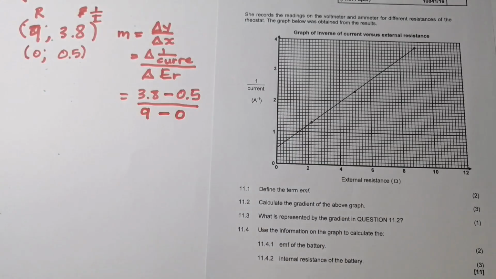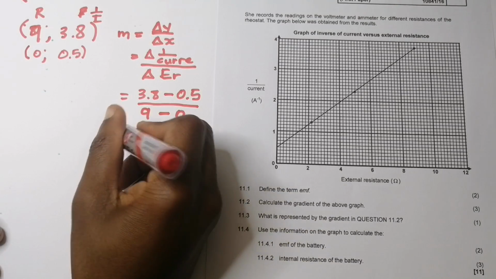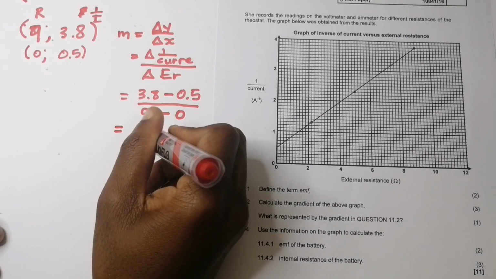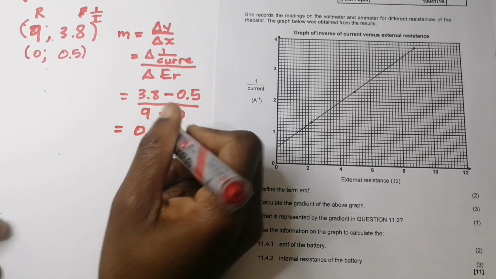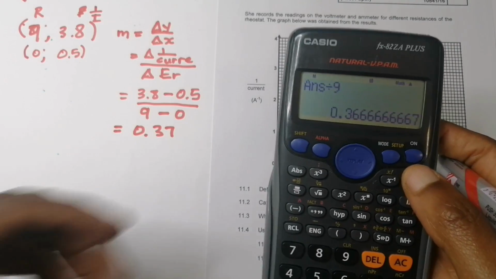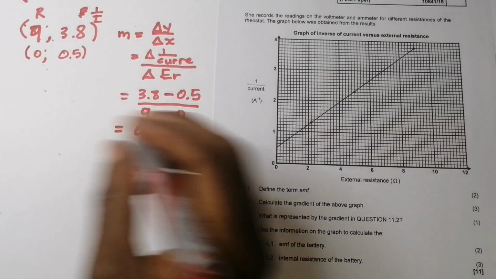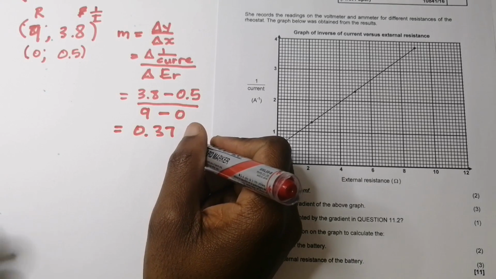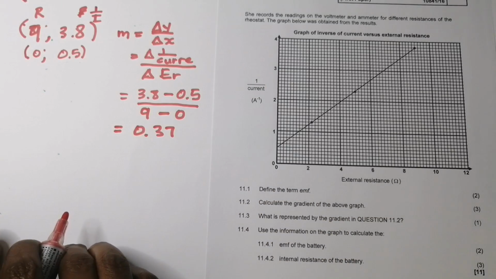Now we're going to calculate that quickly. I get that value to be 0.37. You can confirm for me. So that's the value that I got, 0.36666667. So I'm just going to round it off. Now, this is the value of our gradient, right?